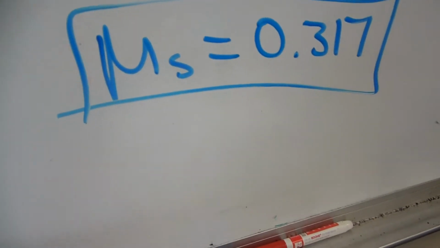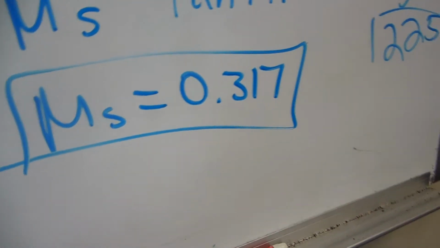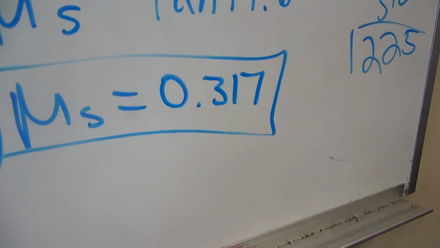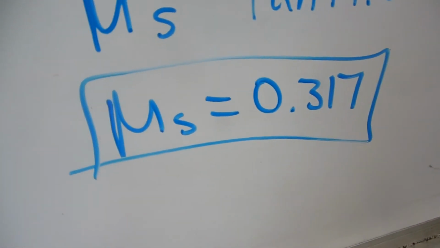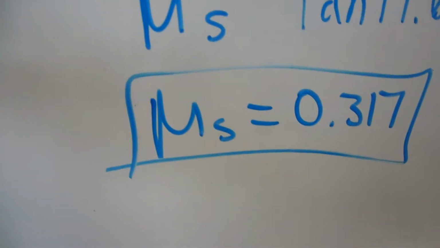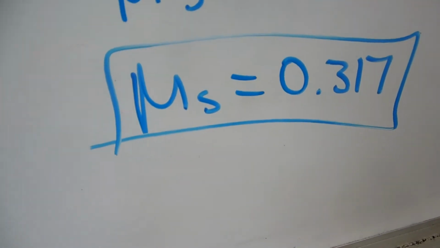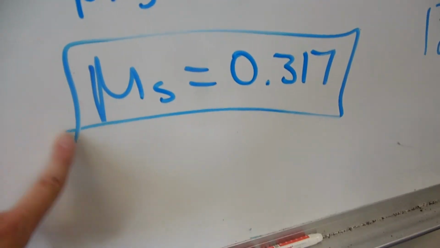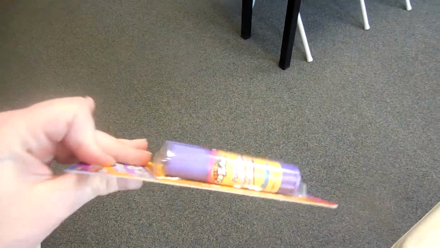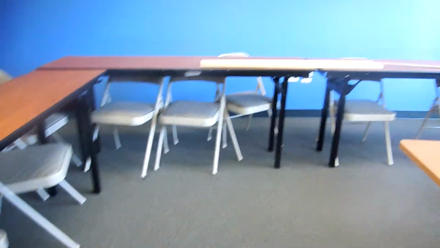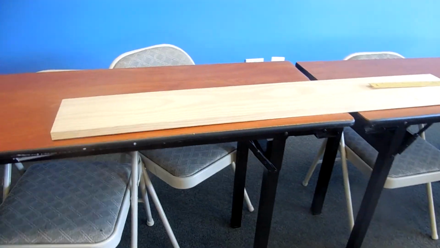So if I used my phone or a notebook or a box or something different, it would have a different coefficient of friction on that board. But this is the particular object that we tested out, which was this on this board. So that's how you do it.